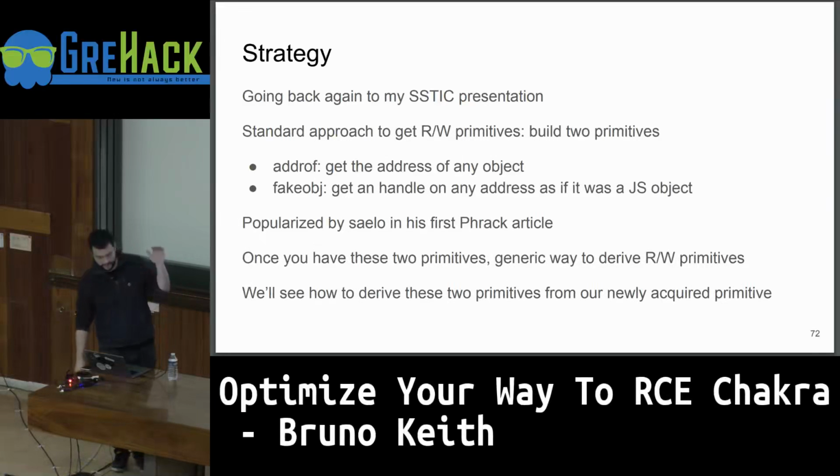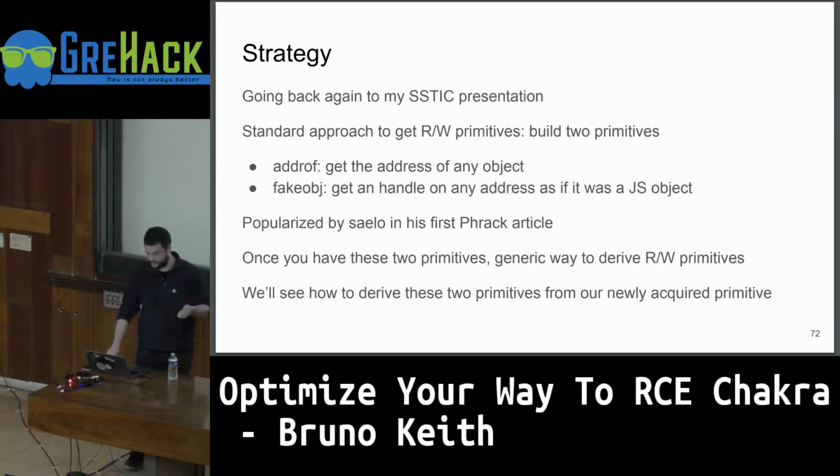It was popularized by Samuel in his first Phrack article, and once you have these two primitives, in all the engines these days, I believe there is a generic way to derive read-write primitives, which is what I presented at STIC. So let's assume we manage to do addrof and fakeobj, then all we need to do is copy-paste from what I presented at STIC already, and we'll have read-write primitives. And now, what we're going to see is how we derive addrof and fakeobj from a newly acquired primitive.